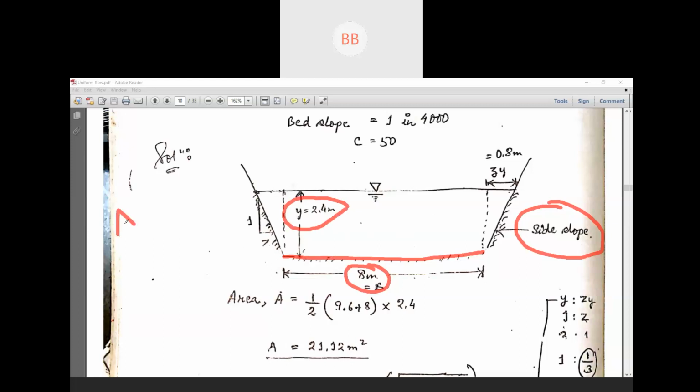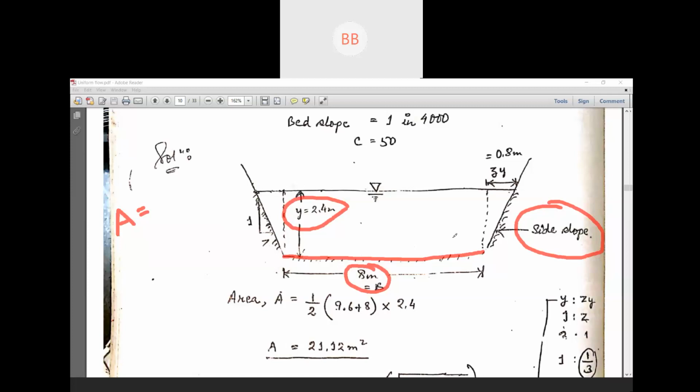To find out the area of a trapezoidal section, we have to take the sum of the parallel sides. In this trapezoidal section, we have two parallel sides: one is the top width of the channel and one is the bottom width of the channel.